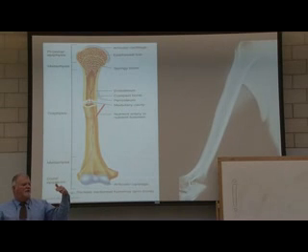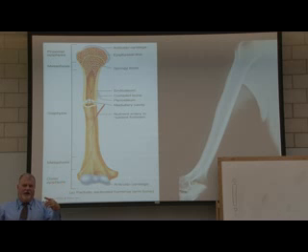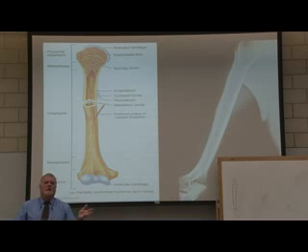The one at the proximal end, which would be closer to the axial skeleton, where the head would exist, is the proximal epiphysis. The other end of the bone is the distal epiphysis. So it tells us directional terms.